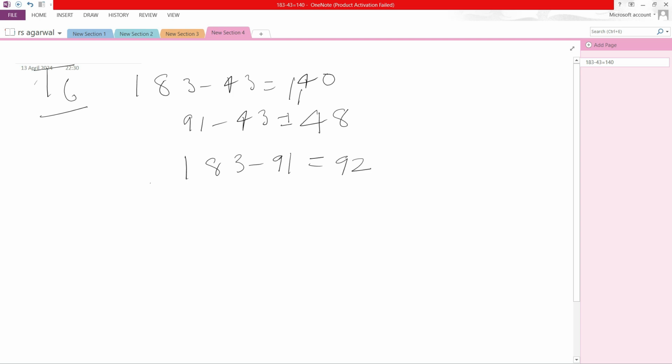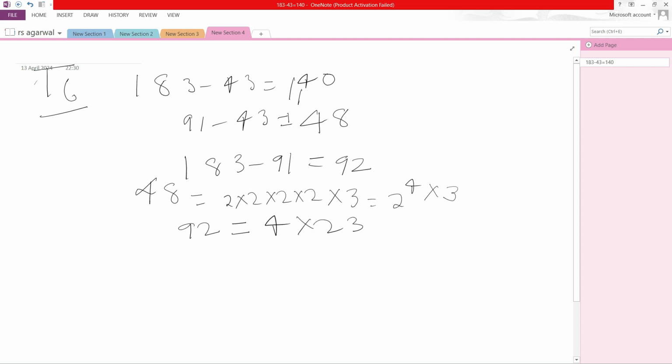So here we'll take the prime factorization. 48 equal to 4 into 12. 92 equal to 4 into 23.